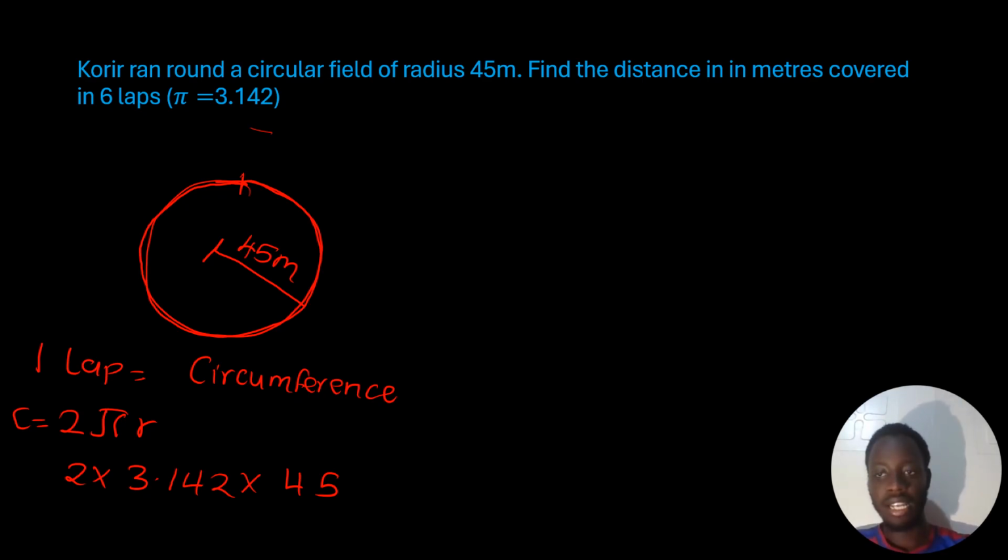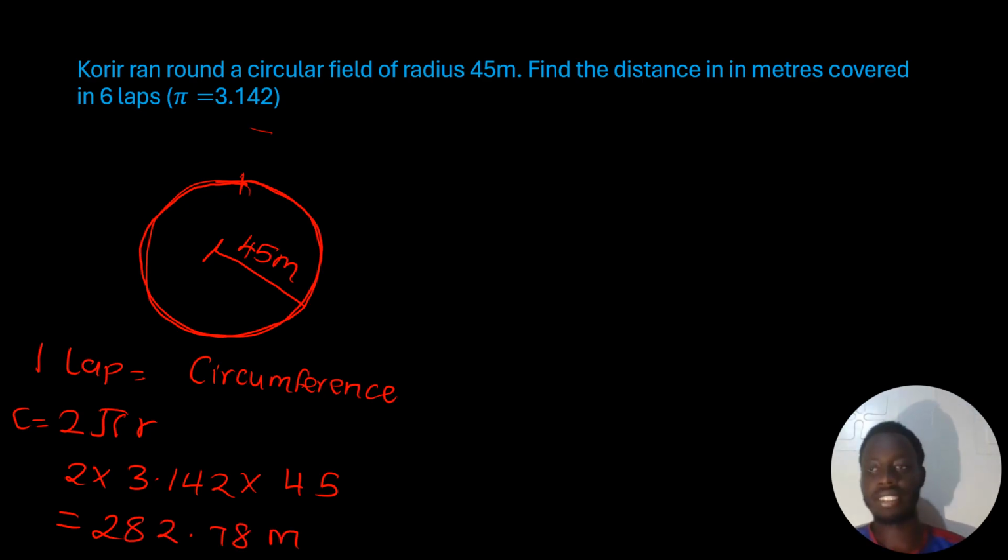So let's work that one out. You can always try to pause the video and work it out, and then you'll come back and see whether you have gotten the correct answer. So you have 2 times 3.142, then times 45. So we have 282.78 meters.